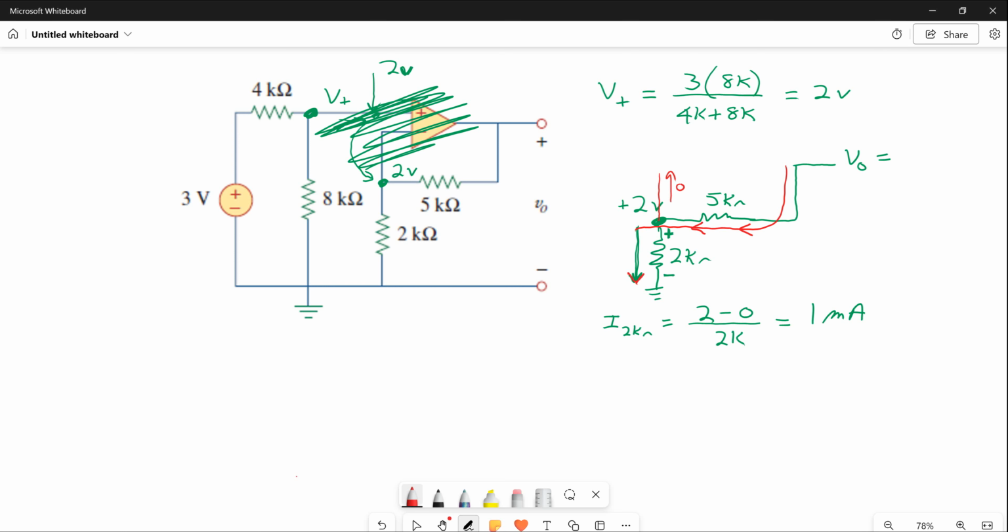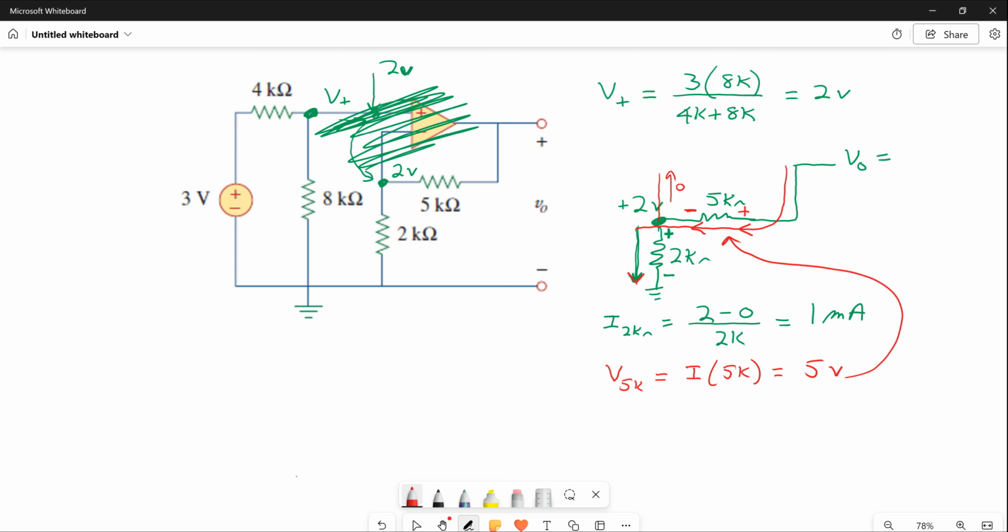So I can find the polarity. You know the polarity is plus to minus. There's your passive sign convention. So the voltage across the 5K ohm resistor is equal to the current, I, times the 5K. That's 1 milliamp times 5K. That's pretty easy. That gives you 5 volts. That's the voltage across that resistor.